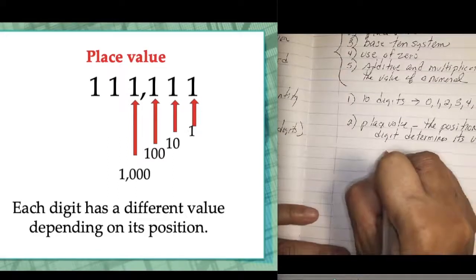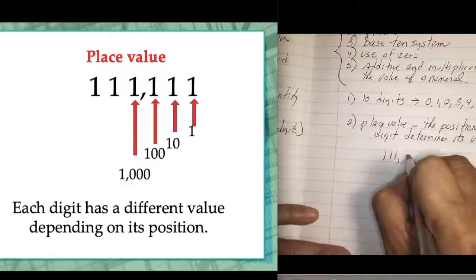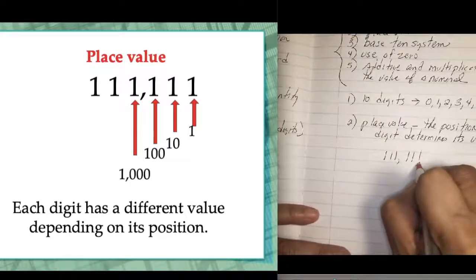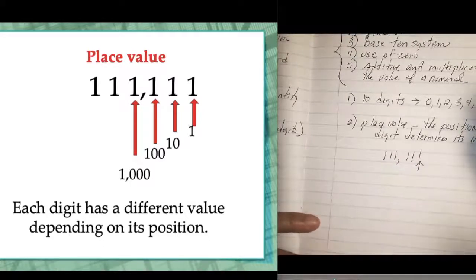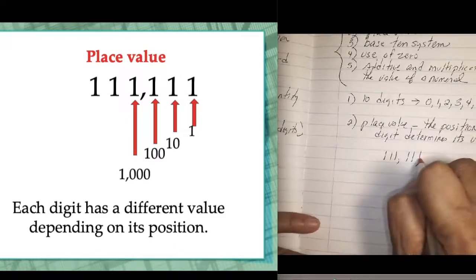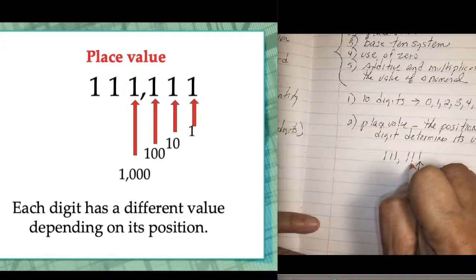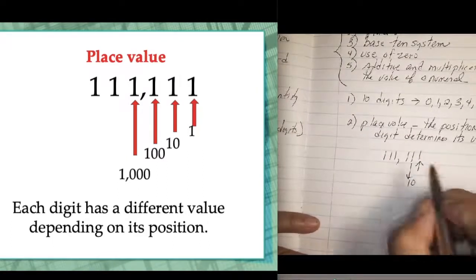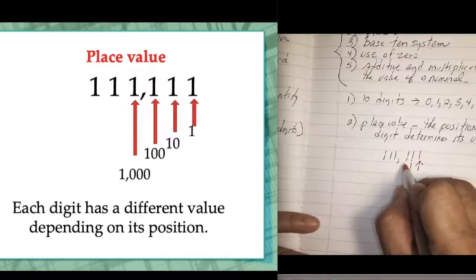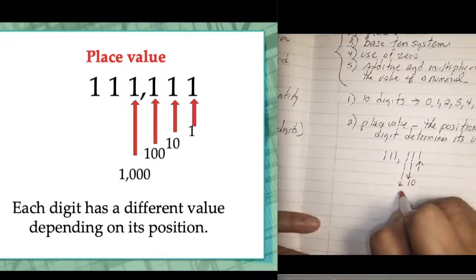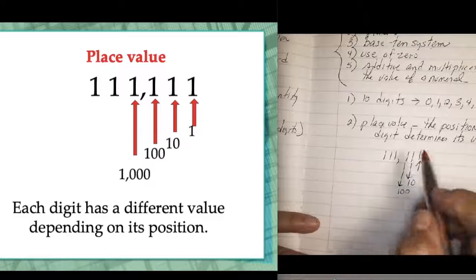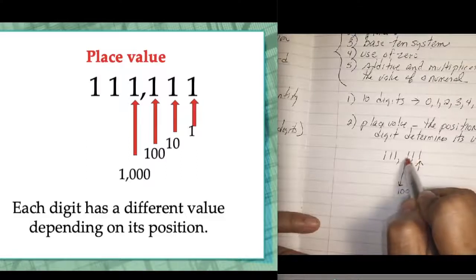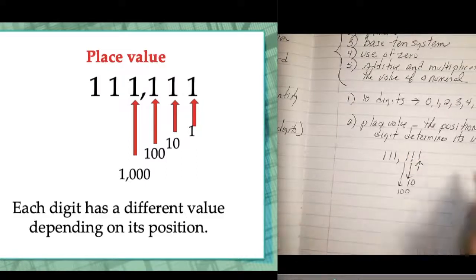So if I have 111,111, the first one in my ones column in my place value chart is a 1. If I'm referring to this one right here, it is a 10 because it is in the tens place. This one right here represents a 100 and so on. Ones, tens, hundreds, thousands, and so on.